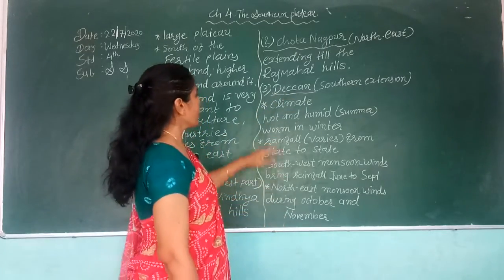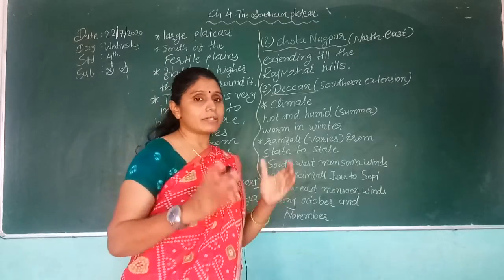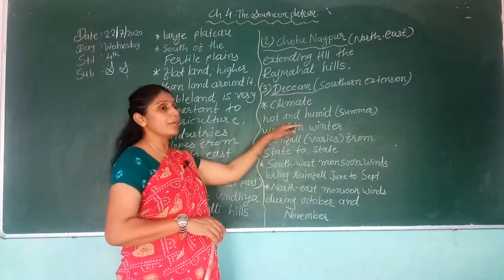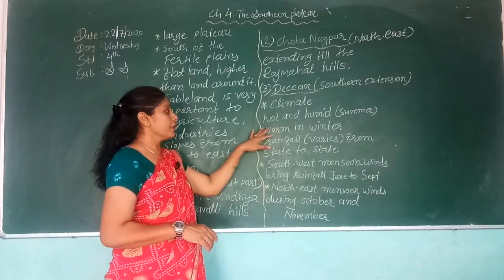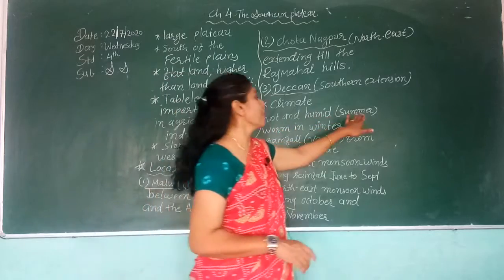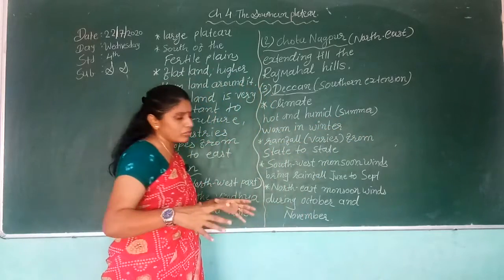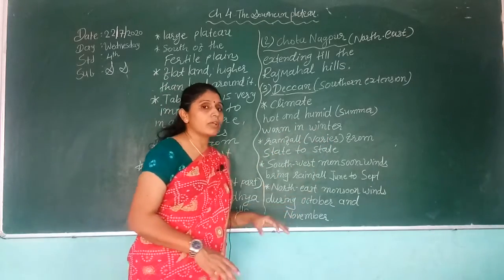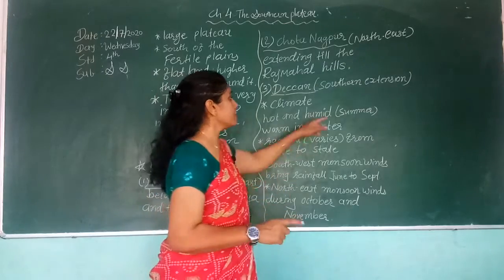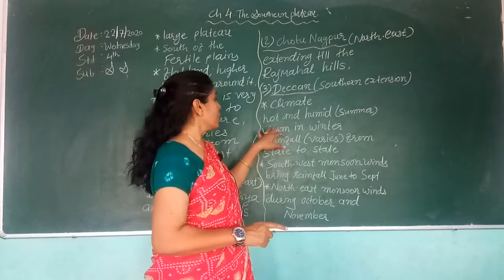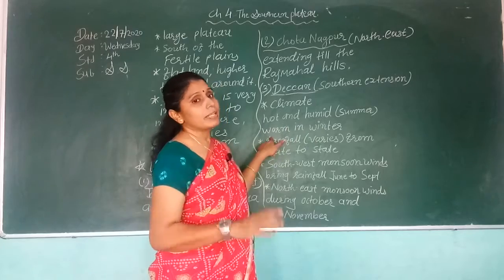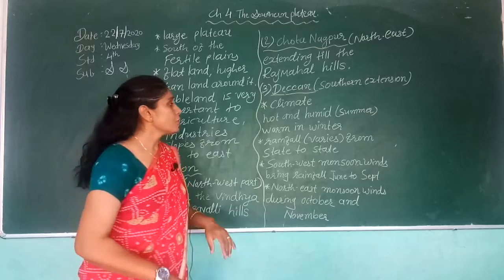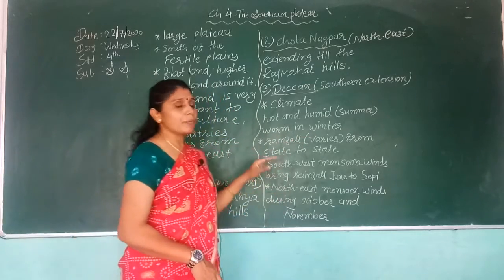Now we are on the climate of the Southern Plateau area. The climate is hot and humid during the summer season, very hot and humid, and warm in winter. There are three seasons: summer, winter, and the rainfall with the monsoon season.